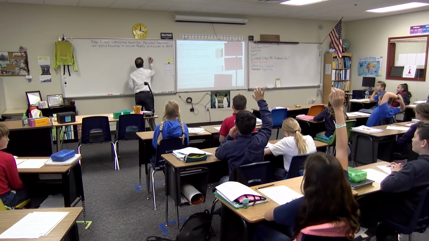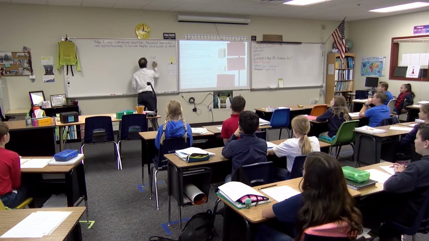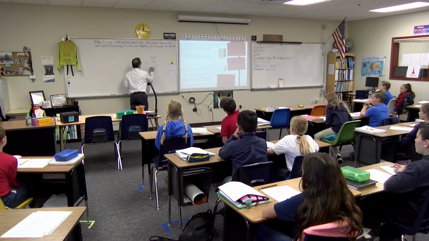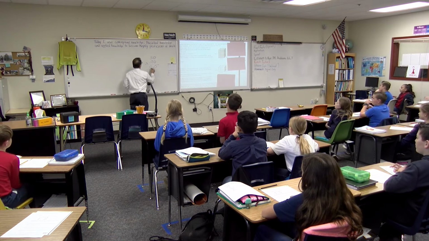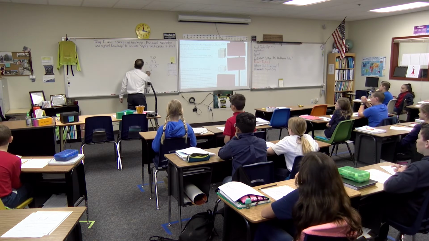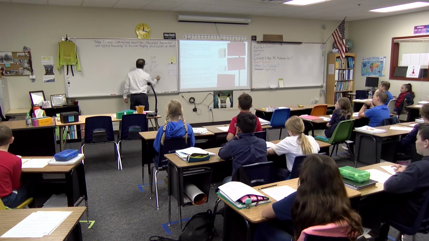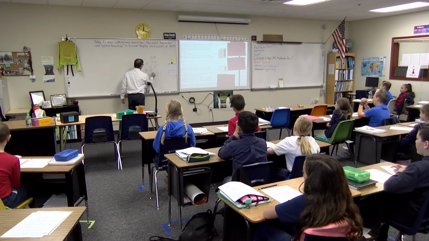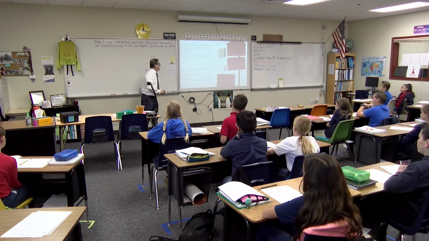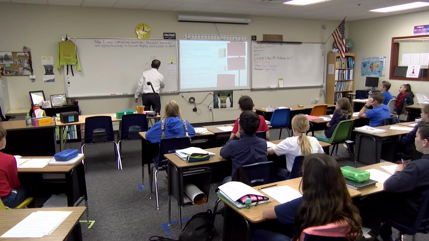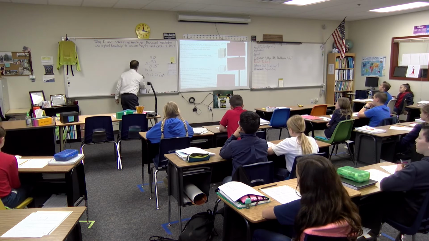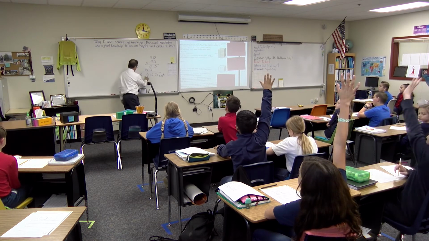So 30 times 20, let's do it together. 0 times 0? 0. 0 times 3? 0. 2 times 0? 0. And 2 times 3? 6. When I add 0 to 0? 0. 0 plus 0? 0. 6 plus 0? 6. 600 what? Centimeters cubed.